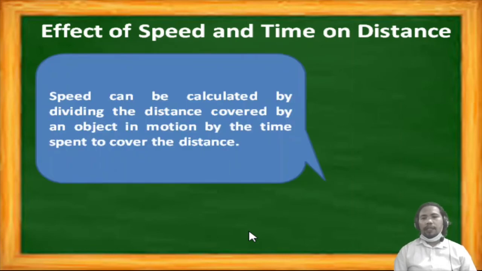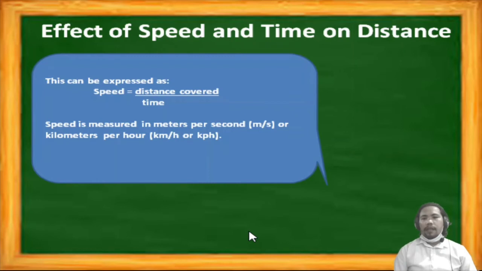Speed can be calculated by dividing the distance covered by an object in motion by the time spent to cover the distance. This can be expressed as speed is equal to distance covered over time. Speed is measured in meters per second or kilometers per hour.